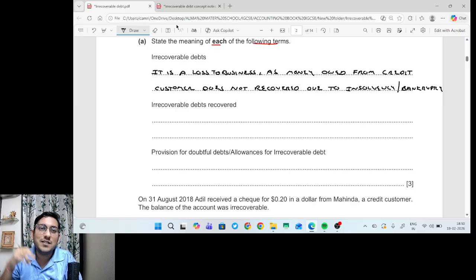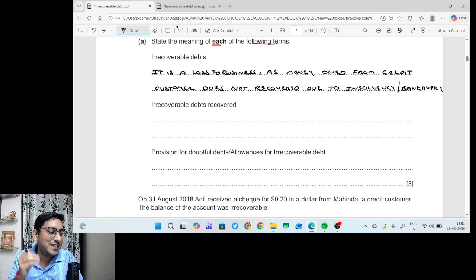After some time, Hari comes to me and says your money is due. In my accounts I have closed the account, but in reality that money is due. So when Hari pays me the amount, I will pass an entry: bank account debit, irrecoverable debt recovered account credit. I will not credit Hari's account because Hari's account is closed.